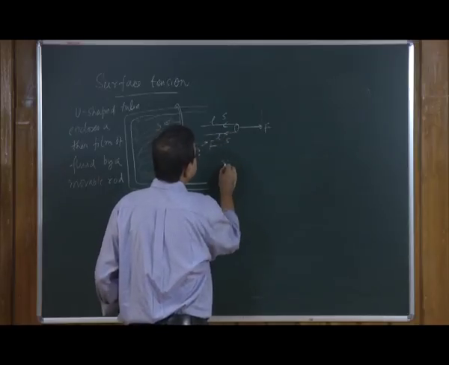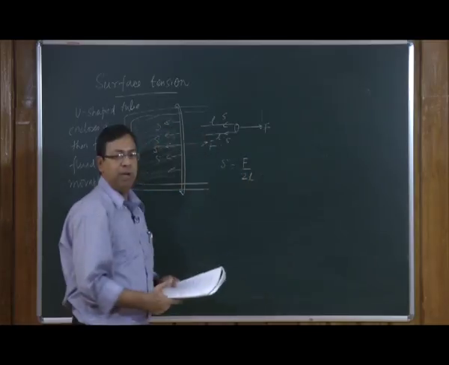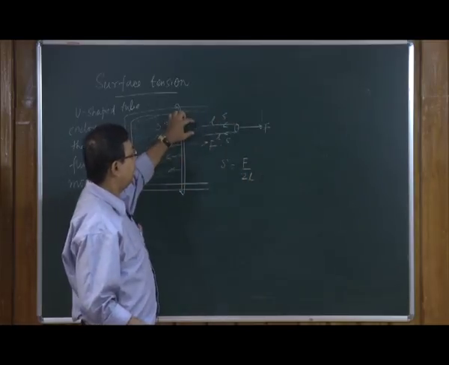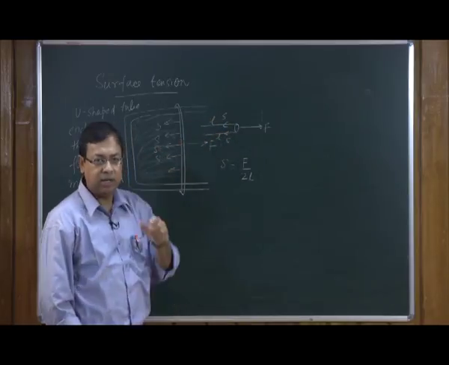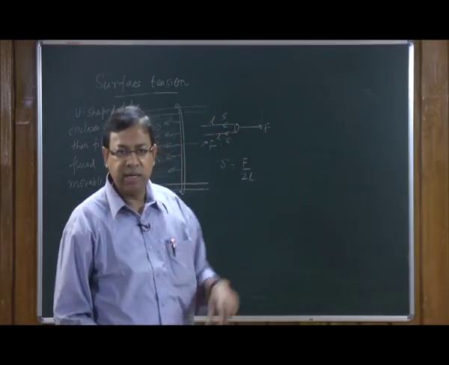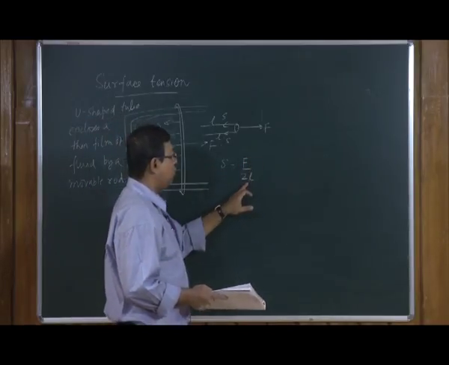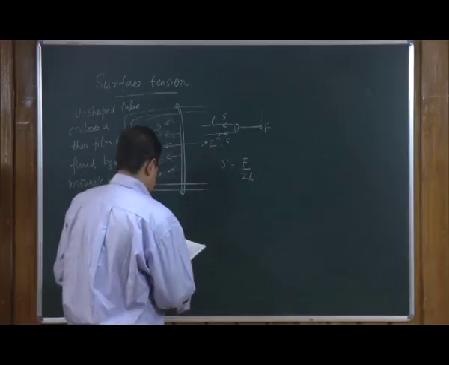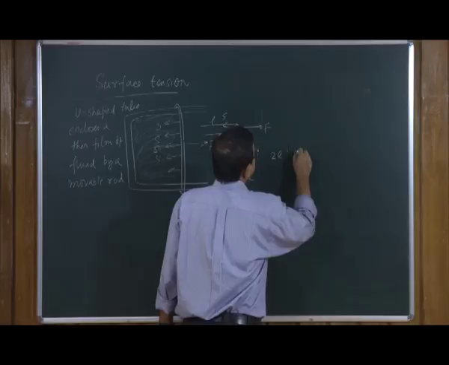So, S is equal to F over 2L, 2L because we have talked about a film which has two sides of the two dimensional cylinder that we are talking about. So, the surface tension is defined as F over 2L. So, 2L is the increase in length.